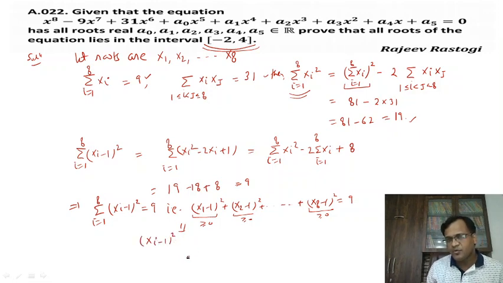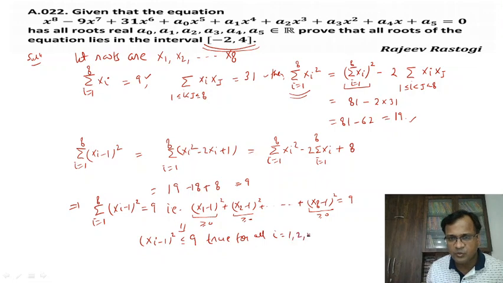And if you want to talk about the individual term, then obviously you can say (xi minus 1) whole squared cannot go beyond 9. It is actually less than or equal to 9, and this holds true for all i varying from 1, 2, 3 up to 8.